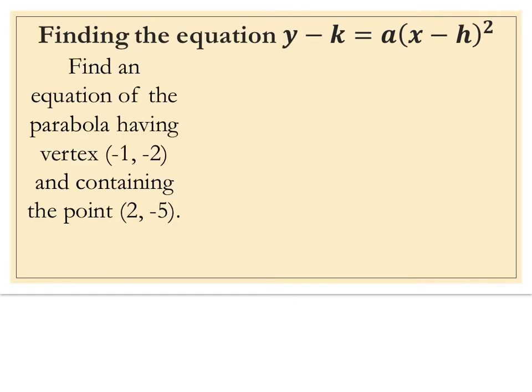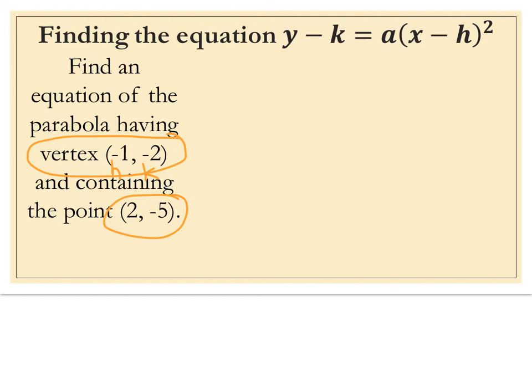Our next one is we have to find an equation of the parabola that has this particular vertex, and it contains the point 2, -5. Okay? So what we can do is we know that our vertex is actually our H and our K. But remember, it's negative in one and positive in the other.